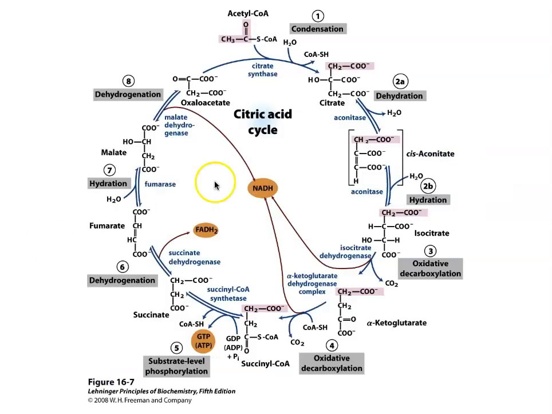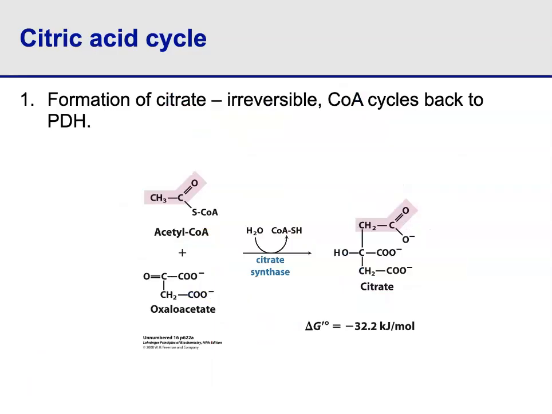Alright, so here's the cycle. All 8 reactions. Where do we have carbon dioxide released? Electron pairs, and what are they loaded on, and GTP. So let's look at the individual reactions now. Alright, the first is citrate formation by citrate synthase.